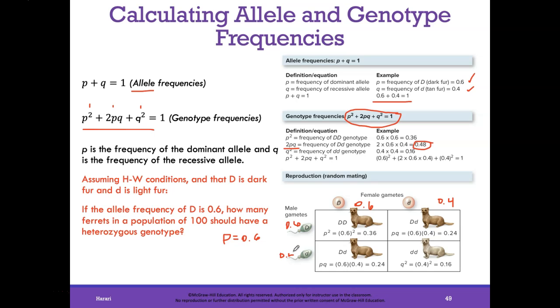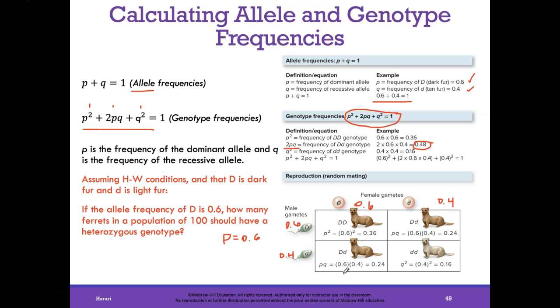And remember what allele frequencies mean. If the allele frequency is 0.6 for big D, that means 60% of the male ferret's sperm carry the big D allele for dark fur, and 40% of the male sperm carry the little d. Same thing with the eggs. 60% of females' eggs have big D, 40% of females' eggs have little d.